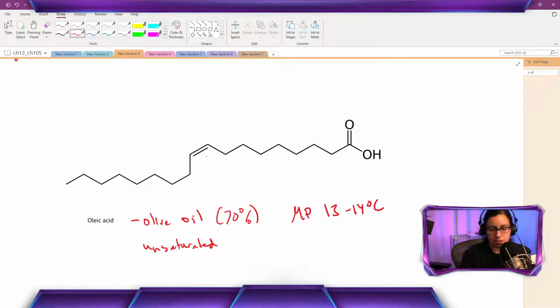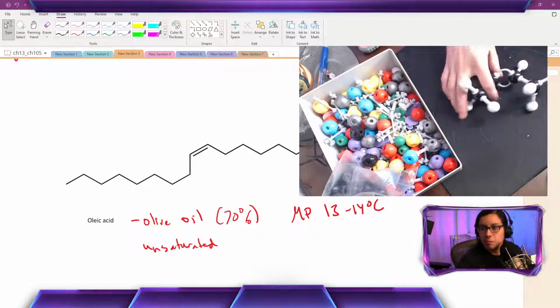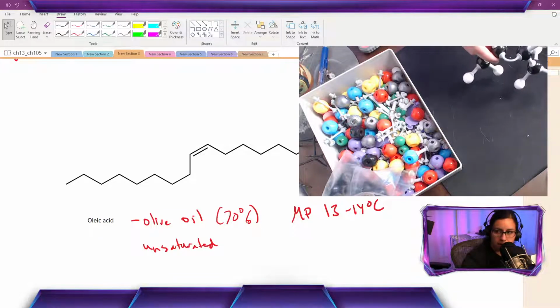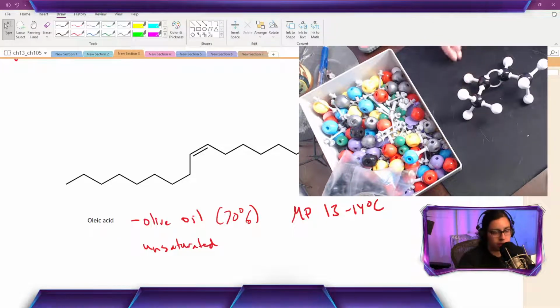So you could tell it's on the same side like that. Let me go back. So now that it's kinked like this on the same side, giving us a cis here, now we can't stack as readily, right?